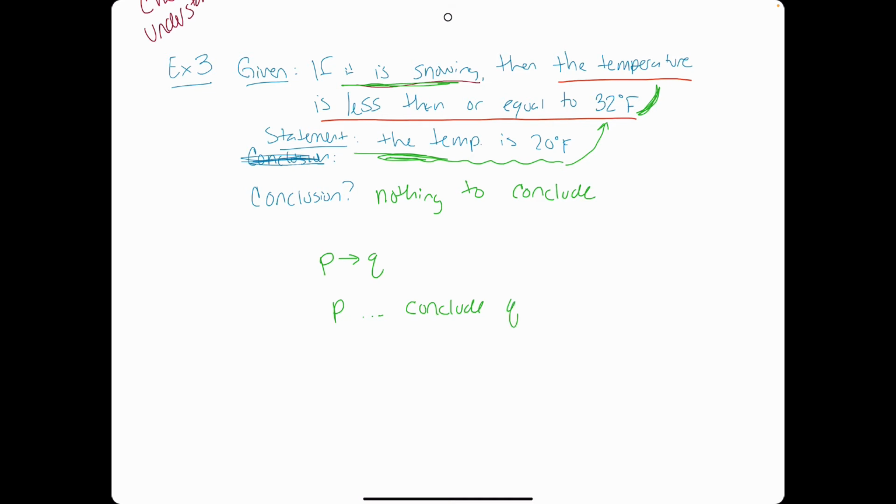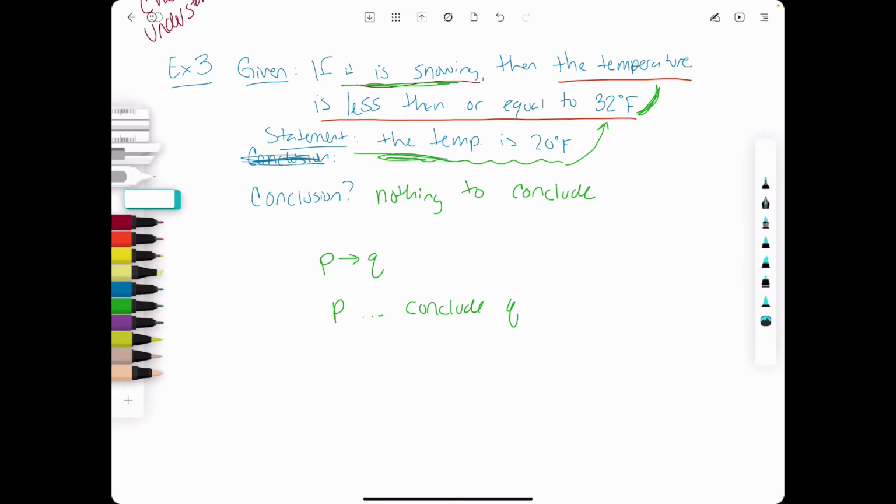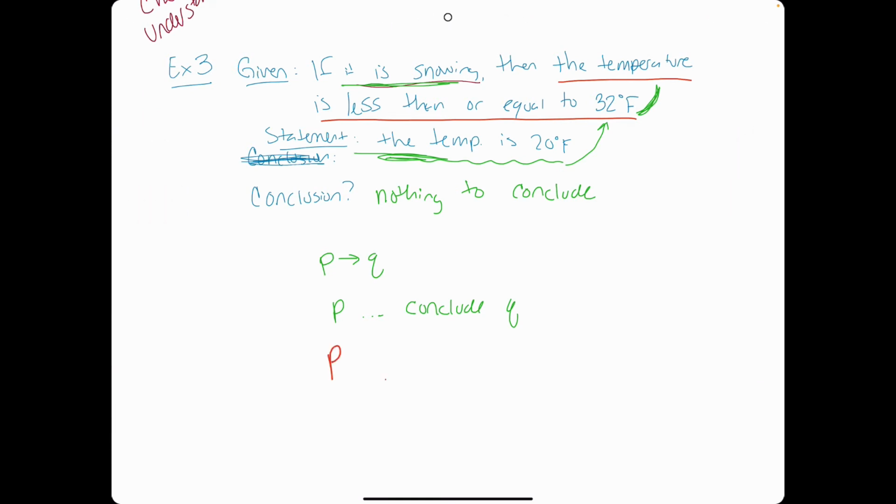You can't have, I'm going to do this in a different color here. So if P then Q, and then you're given Q as your statement, you can conclude nothing. Okay? Maybe symbolically it makes a little bit more sense.